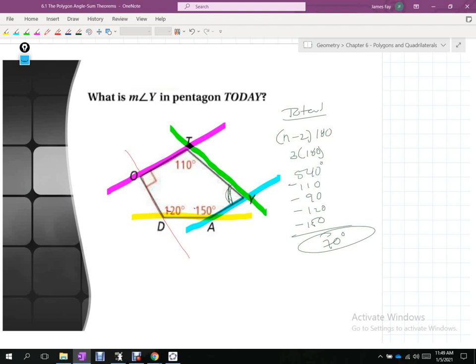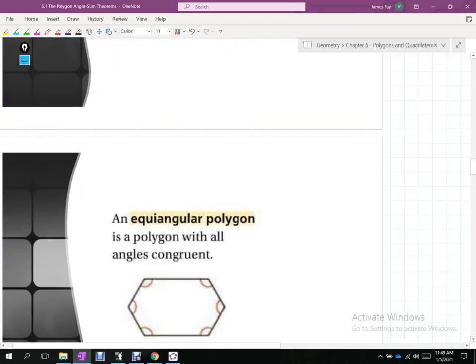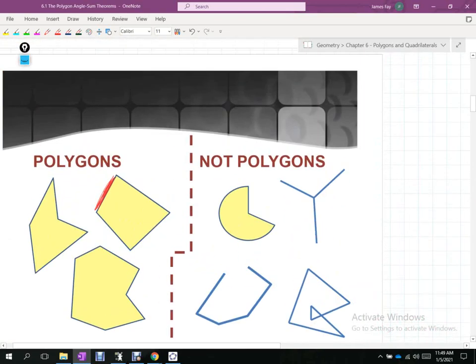On the same hand, when we deal with a concave polygon, and it's actually going to be at least two of those lines will pass through the inside. So it'll look something like this one here or this one.